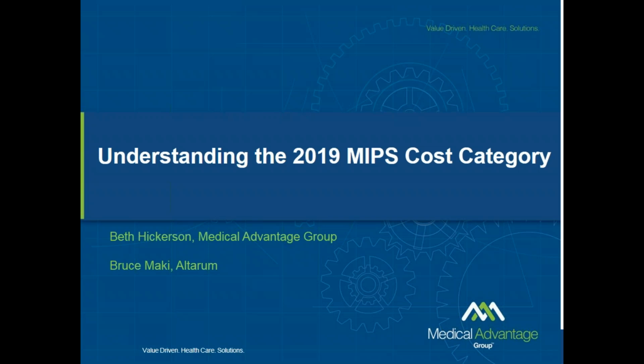We'll then finish with a brief look ahead at how the cost category is proposed to change in future program years. With any time left, we will address questions posed by the attendees during the broadcast. Please note the information you will hear in this broadcast is current as of today and is only intended to be a general summary.